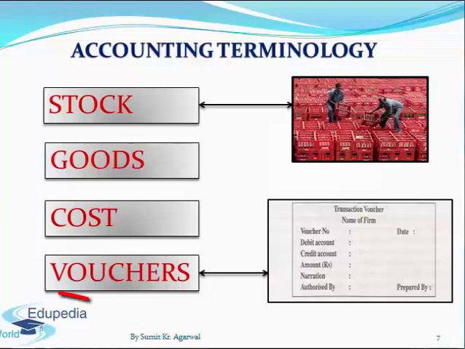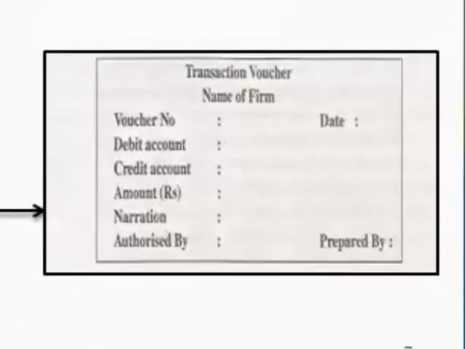Now our next word is vouchers. Whenever we make an entry in our accounting system, it needs to be supported by a document, and the document which we make is known as voucher. You can see I have posted an example of voucher.